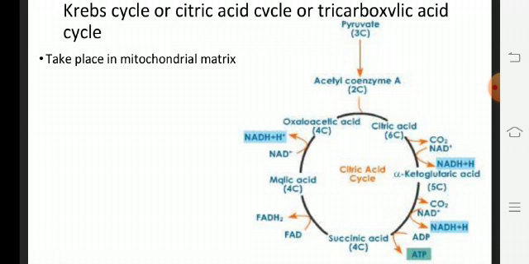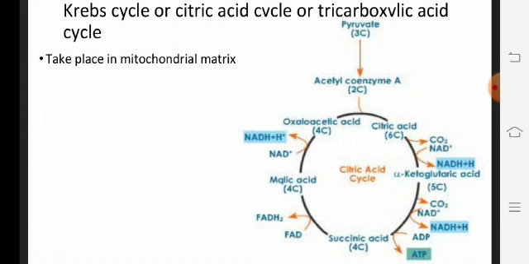There will be a removal of coenzyme A. Then the addition of water molecules is observed, which results in the formation of citric acid. Oxaloacetic acid is converted into citric acid with the removal of coenzyme A and the addition of a water molecule.